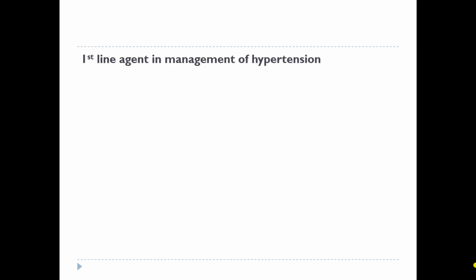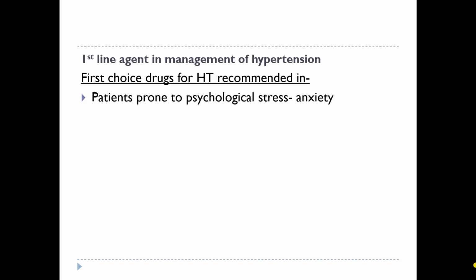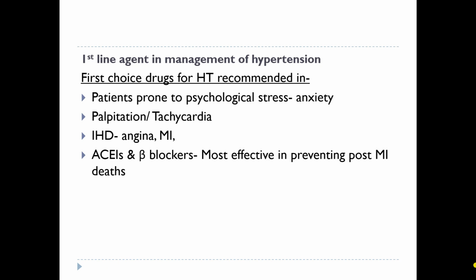So what is the therapeutic status? Till now they were first line agents in the management of hypertension, but as per the recent JNC guidelines, they are no longer the first line agent. They are recommended as the first choice in patients prone to psychological stress, like hypertension with anxiety, palpitation, tachycardia, and ischemic heart disease like angina and MI.